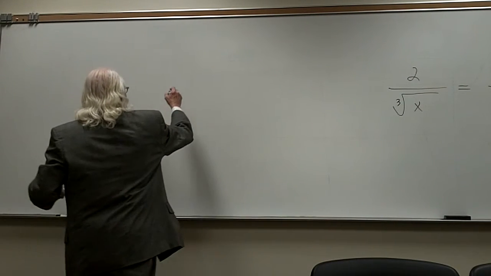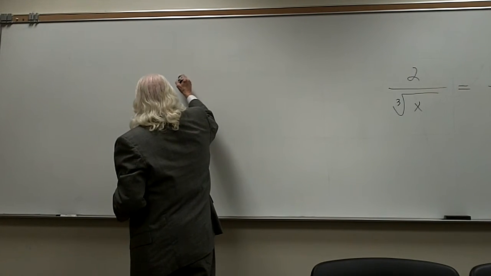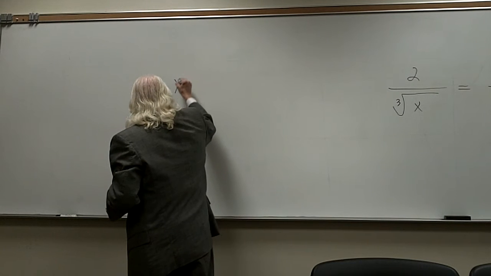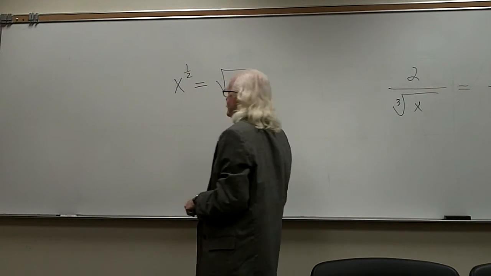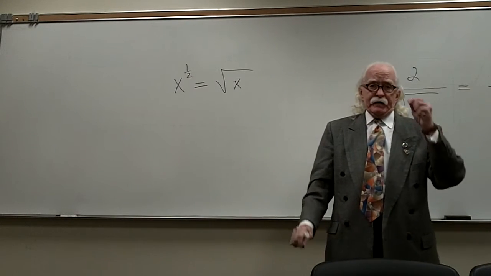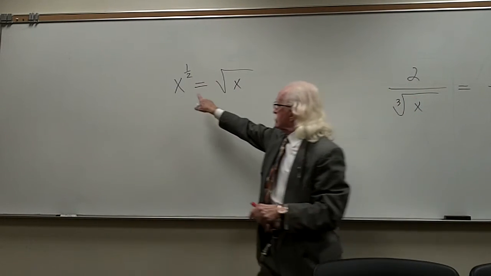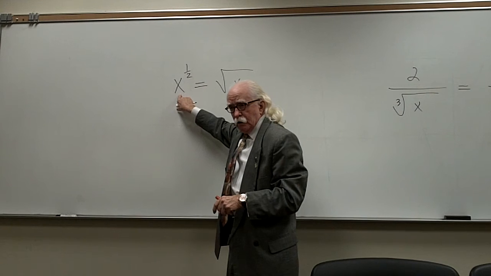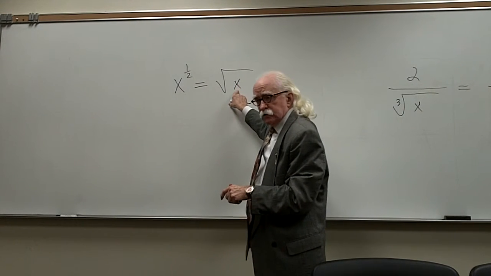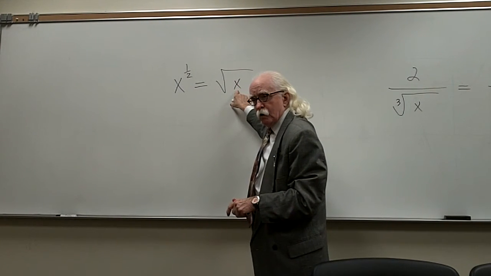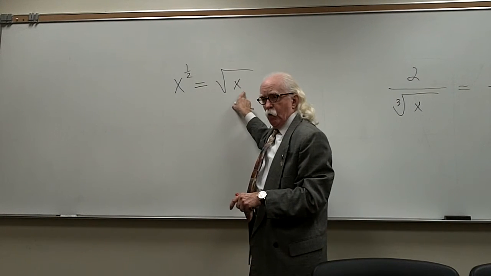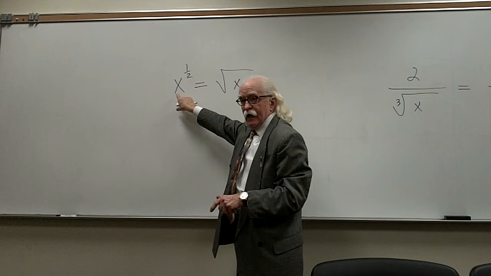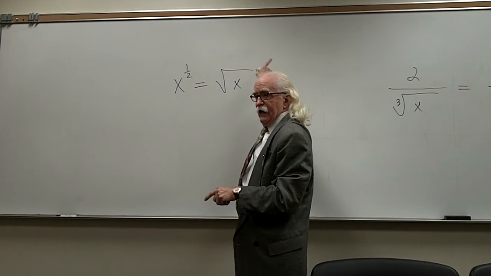And that is this. And if I write this like this, that's the same thing. This is exponential form. This is called radical form. So if I go from exponential form to radical form, I make a radical sign.